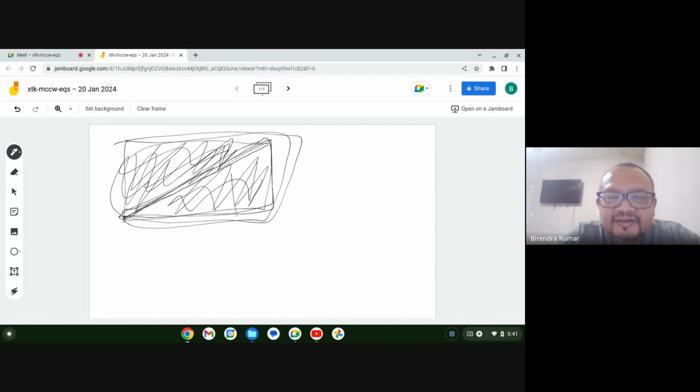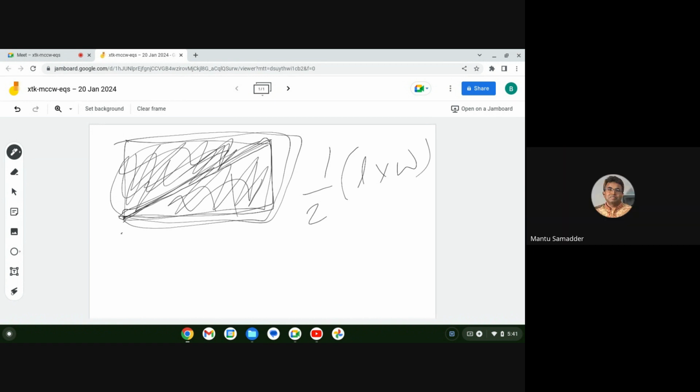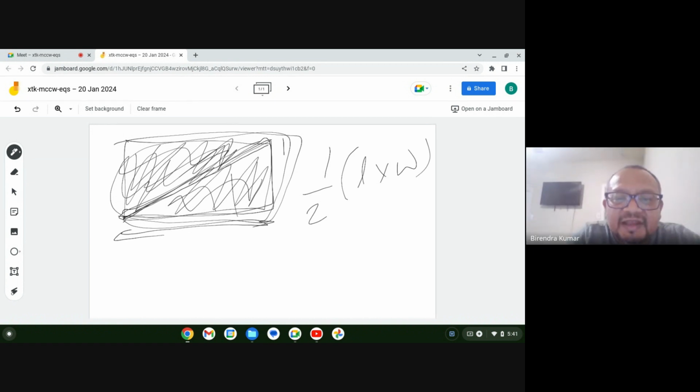So this is half of the area of the rectangle. Area of rectangle is what? Length into width. This is what we learned. Half of this into this. This is length, this is width.